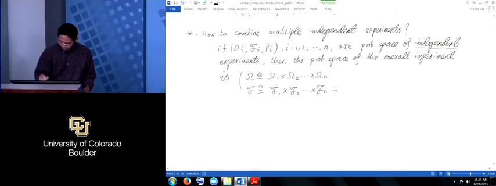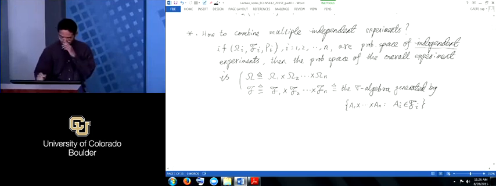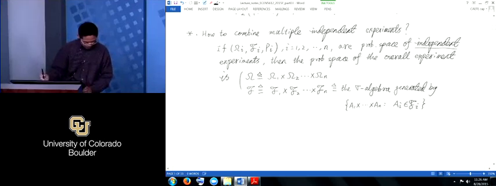And the definition is the sigma algebra generated by A1 times up to An, where each Ai is in Fi.